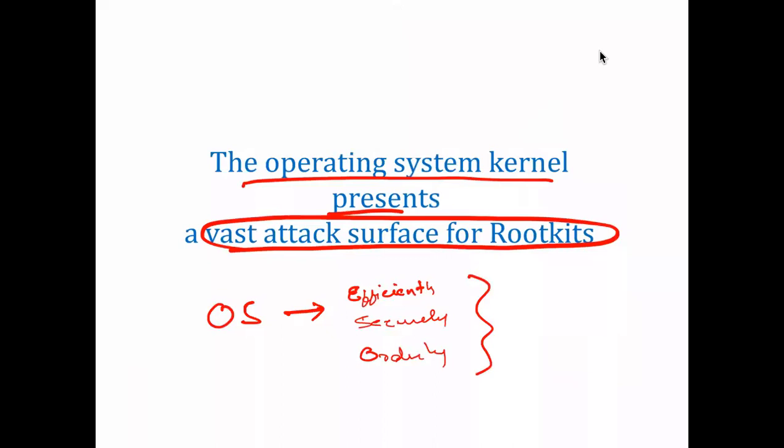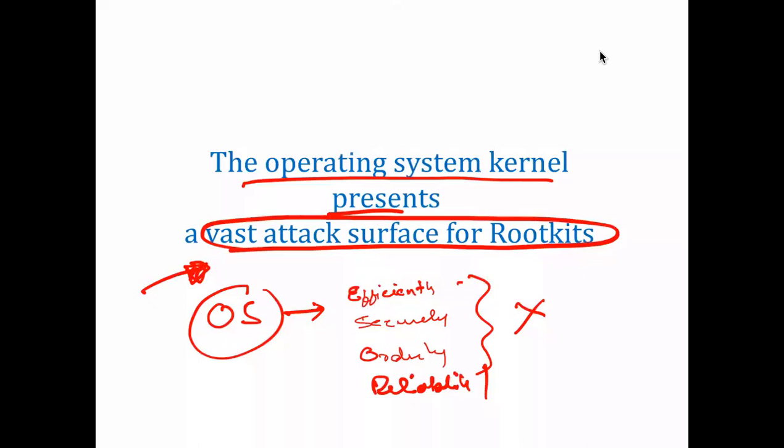So if the OS is impacted, then all these parameters will be impacted, reliability for example. The OS is the most important part and needs to be protected, and a rootkit should never be allowed to be there.